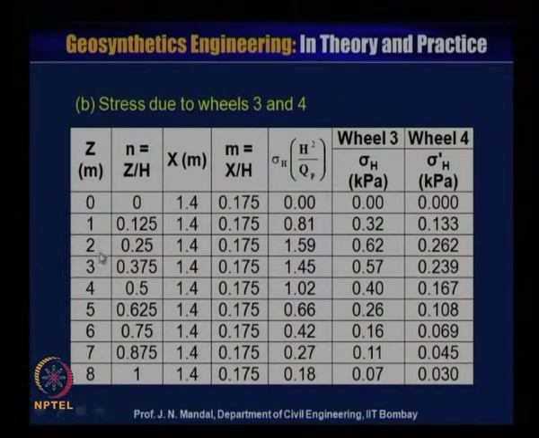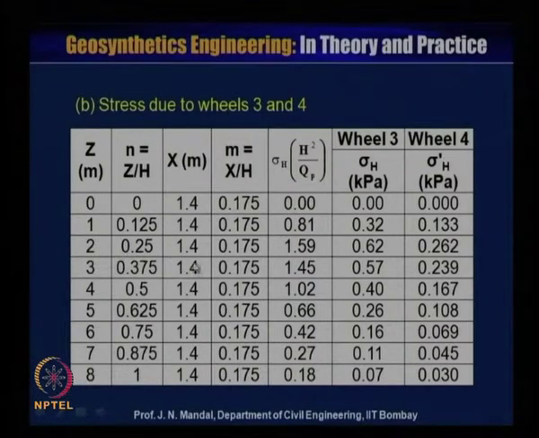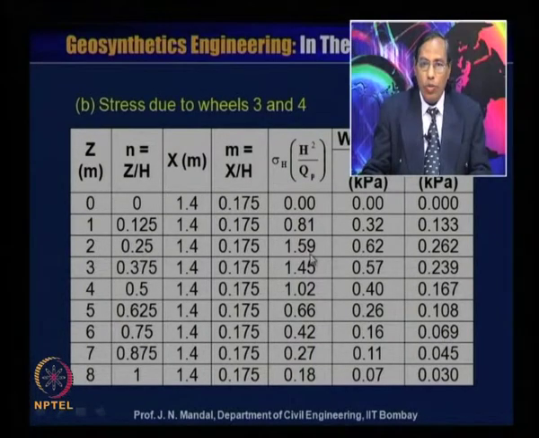So let us say that for a depth of 2 meters, what should be the sigma h value? Now see, from this equation sigma h HA square by QP, you know what will be the value. At a depth of 2 meter, it is 1.59. That means sigma h HA square by QP is equal to 1.59.